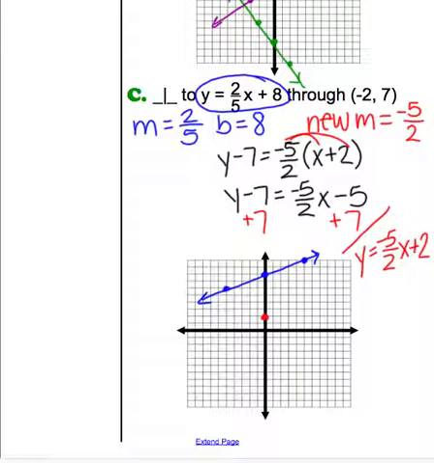So you can go down 2, 3, 4, 5, forward 2, or up 1, 2, 3, 4, 5, back 2, and then connect your dots. My line's a little crooked, I apologize. And you have your two perpendicular lines.